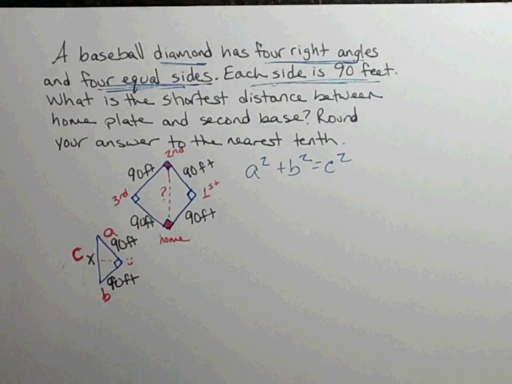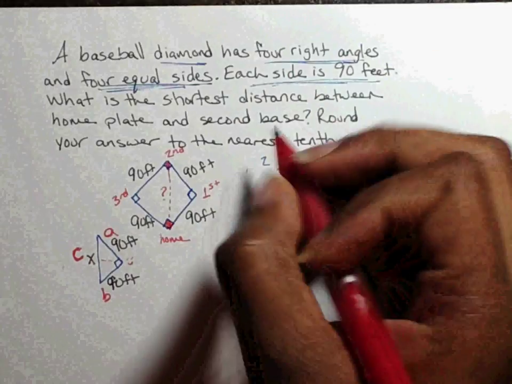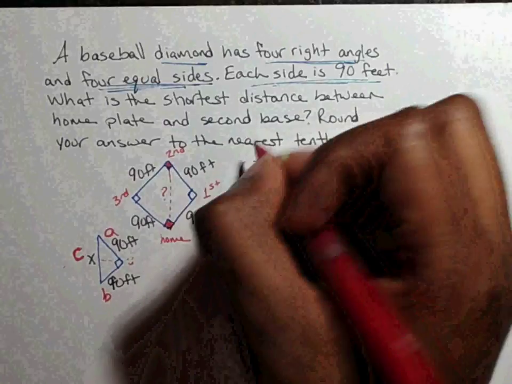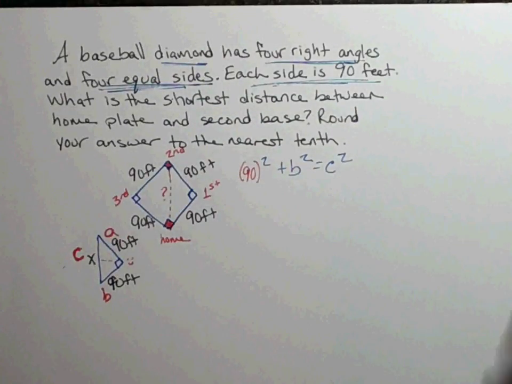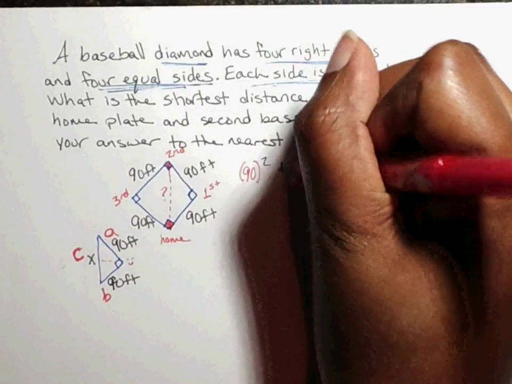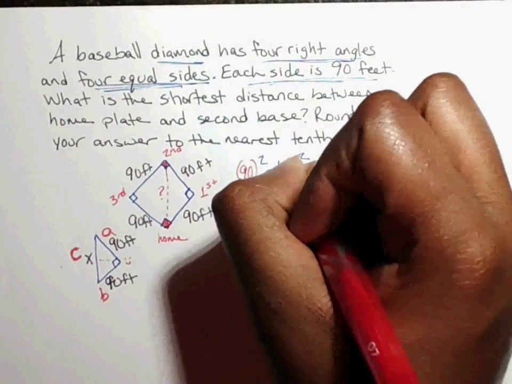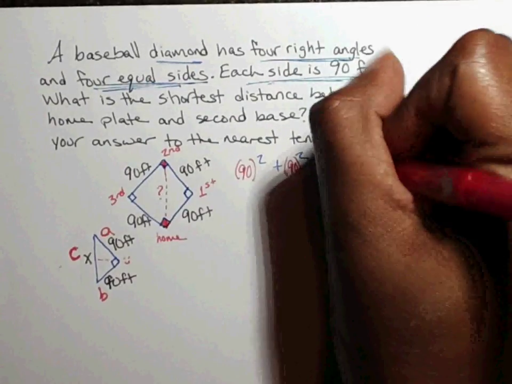Ooh, so instead of a, I can erase it, and instead of a, I can put what a is. A is 90, because that's what I labeled it to be. Instead of b, I can put what b is. B is also 90. And c is x.